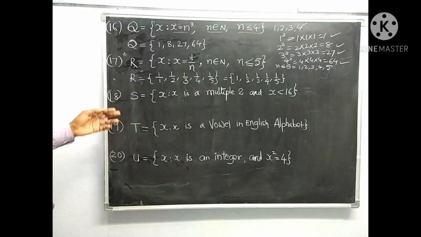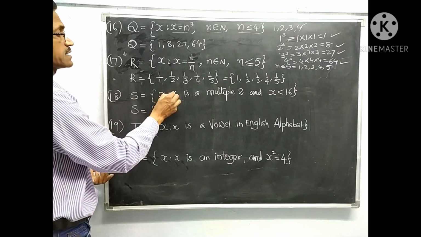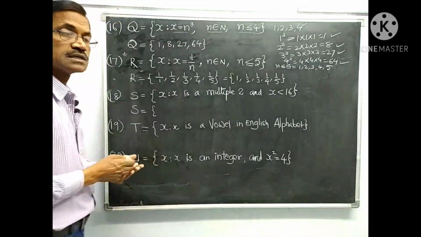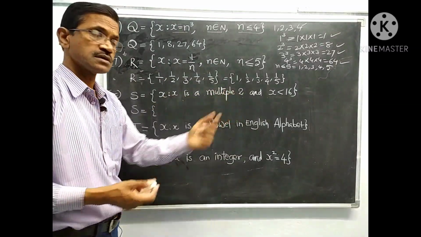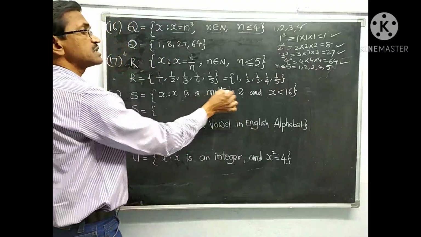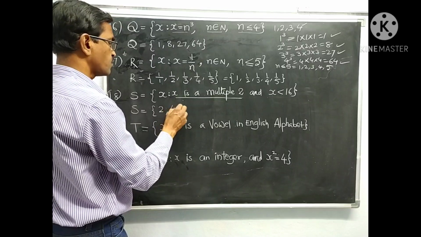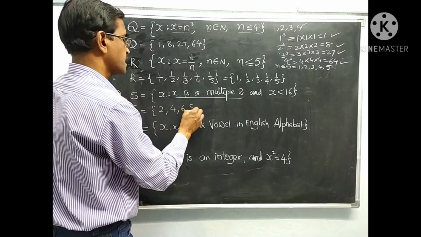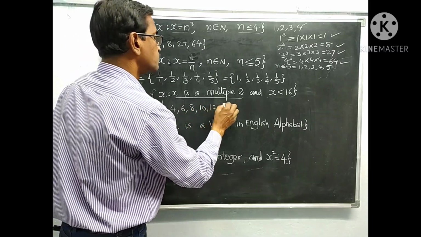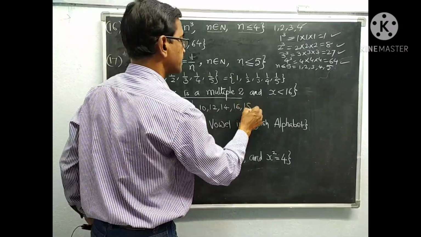Then the next one, S is equal to x such that x is a multiple of 2 and x less than 16. Sometimes the question may be asked like this also: multiple of 2 and less than 16. We know multiples of 2. 2 ones are 2, 2 twos are 4, 2 threes are 6, 2 fours are 8, 2 fives are 10, 2 sixes are 12, 2 sevens are 14, 2 eights are 16, 2 nines are 18.